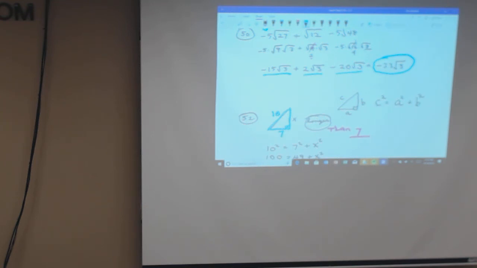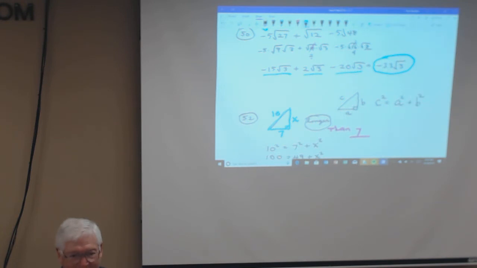Is the other side longer or shorter than 7? I don't know, so I call the other side x. And thanks to Mr. Pythagoras, do you know him? No. Do you know his theorem? This is so cool that he figured this out years ago.